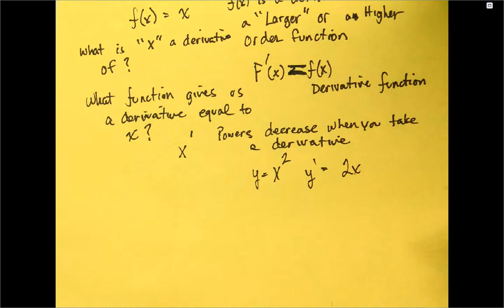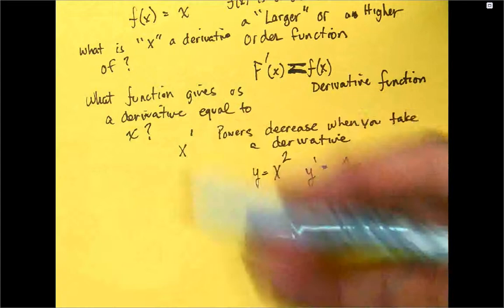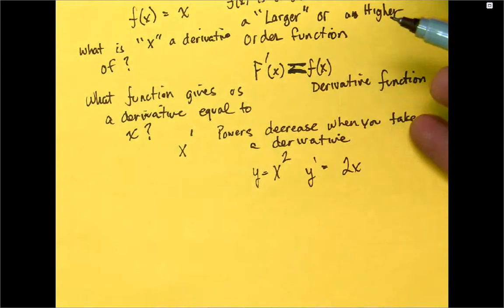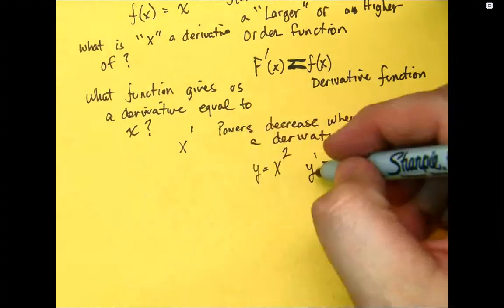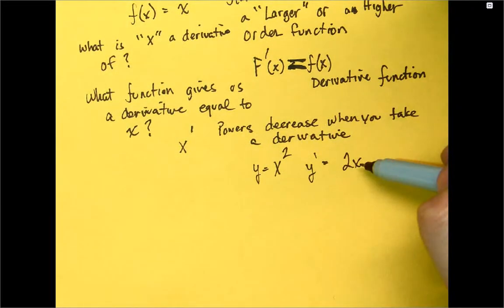We know x is to the first power, so we know the original is going to end up being to the second power. See what happened though? If it was just x squared, we would have got a 2x. Maybe we could think of it like this. Alright, well, maybe the original was this, a x squared. Because what's the derivative of this?